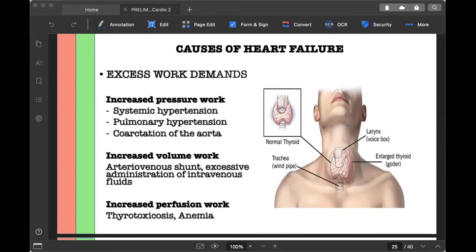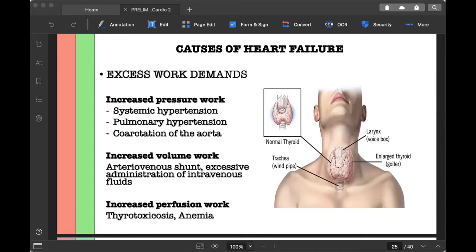You already know this one. Excessive administration of intravenous fluid. And this is also very critical for us nurses to properly regulate the IV fluids of our clients by properly following the prescription of our attending physicians.